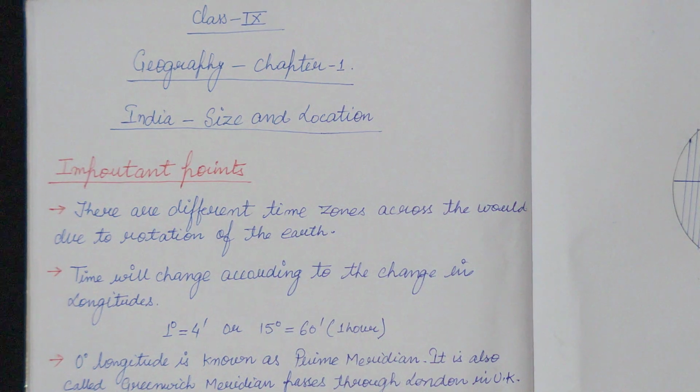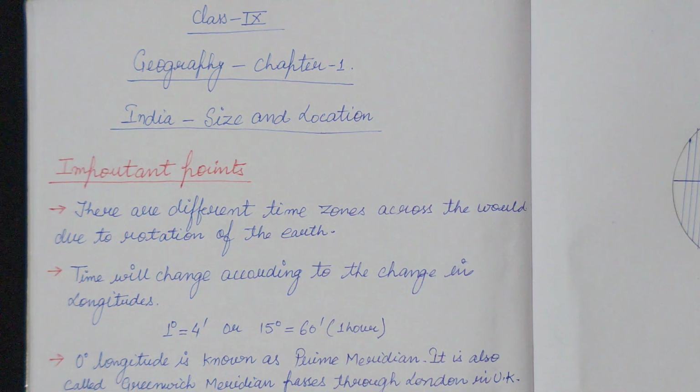Next, how can India avoid this problem? It is not possible for a country to have a number of different time zones. So to avoid this problem, India has decided on a standard time, and it is called the standard meridian. The method is to take the average of the two meridians, the easternmost point and the westernmost point.